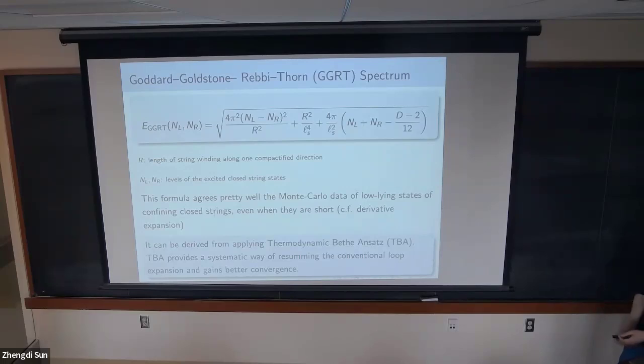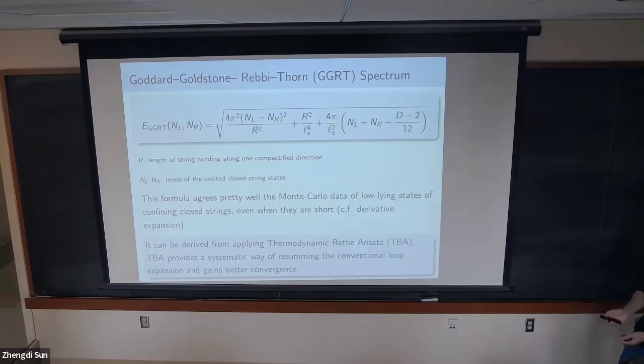And this formula, kind of surprisingly, like 10 years ago, was found to agree pretty well with the Monte Carlo data of low-lying states of confining closed strings in 3D and 4D, even when they are very short. It's surprising because we know that it is already way beyond the regime where the derivative expansion breaks down. So why does it describe so well?